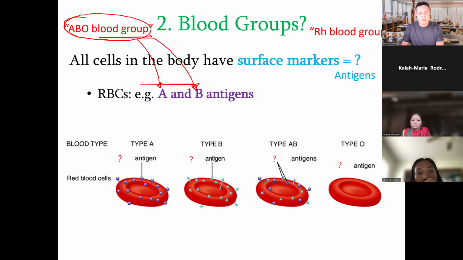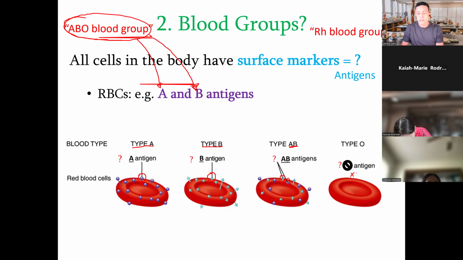If you have the A antigen on the surface of your red blood cell, you are going to be type A. If you have the B antigen on the surface of your red blood cell, you're going to be a type B. If you have both the A antigen and the B antigen on the surface of your red blood cell, you're going to be a type AB. And if you don't have the A or the B antigen, then you're going to be what we call a type O.